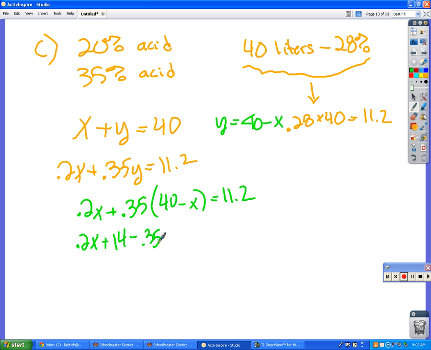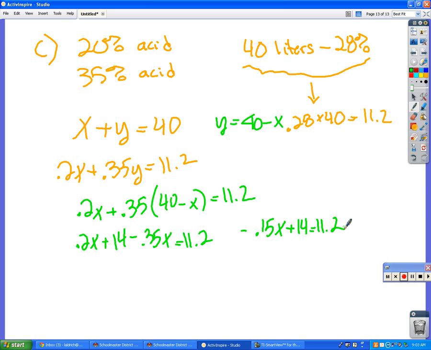Minus 0.35x equals 11.2. Wait a minute. Did you just distribute that? I did, yeah. Okay, combine your like terms. So 0.2x take away 0.35x is minus 0.15x, plus 14 equals 11.2. Now it's easy.